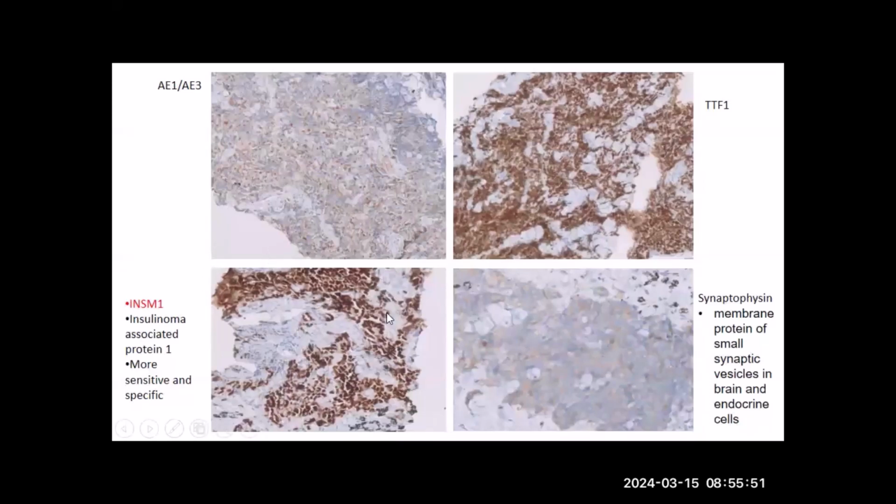Another neuroendocrine specific marker is INSM1, that is insulinoma associated protein, and it is the most sensitive and specific. And synaptophysin is another marker of neuroendocrine differentiation present in the synaptic vesicles of the neuroendocrine and brain cells. Here you can see that this tumor, being a poorly differentiated small cell, is showing very weak expression for synaptophysin in the cytoplasm.